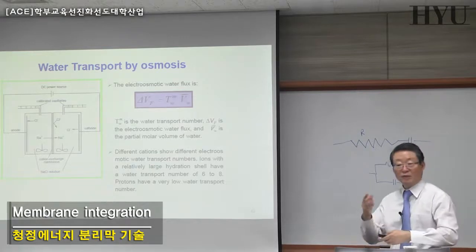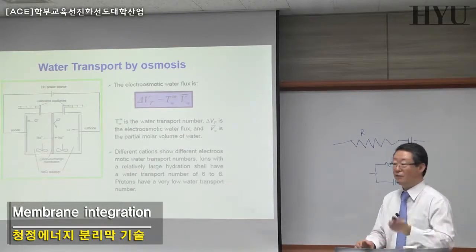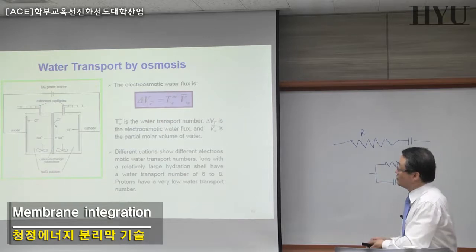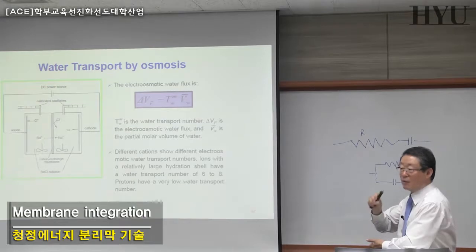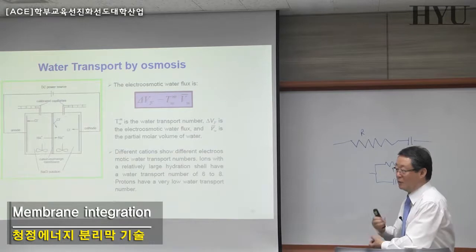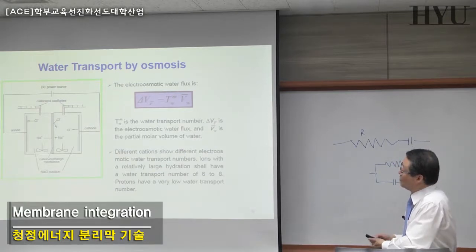So if you're using different cations, you have a different electroosmotic water flux. So the water flux is dependent upon the type of cations that you use. If you have sodium chloride, or calcium chloride, or whatever, you have a different transport number.